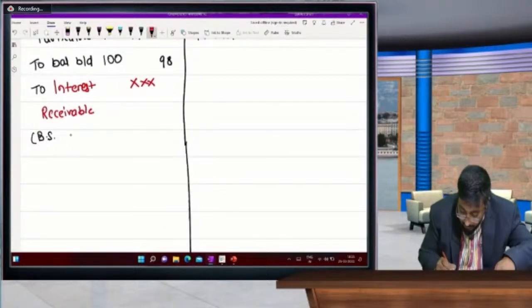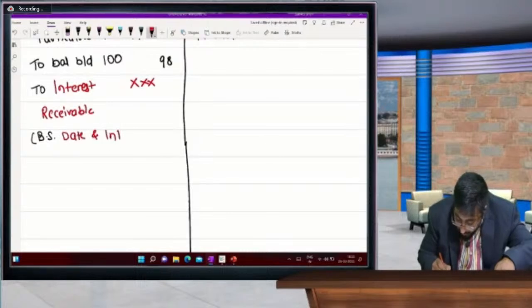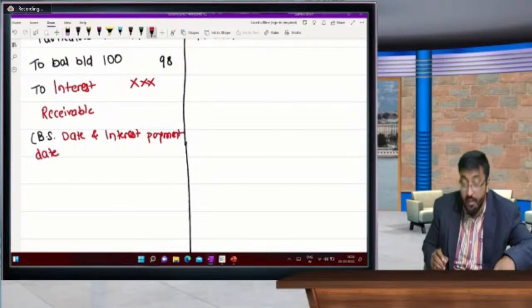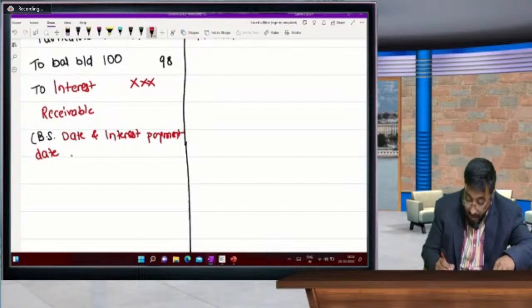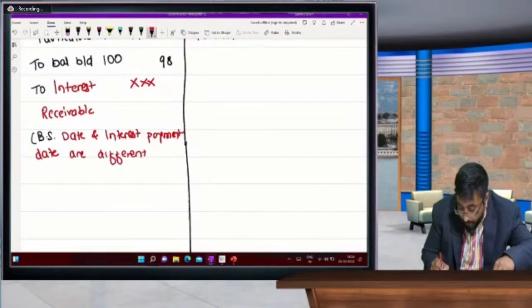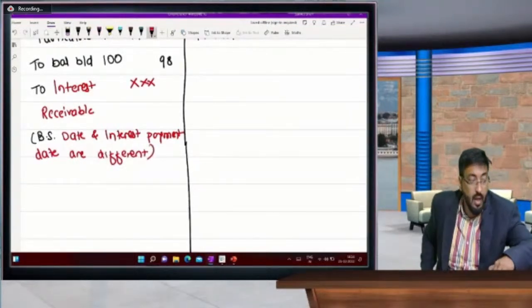When balance sheet date and interest date, interest payment date by company, because who is going to pay interest, the company. Are they same or different, beta? Are same or different? Are different.